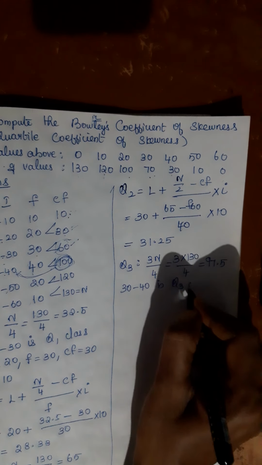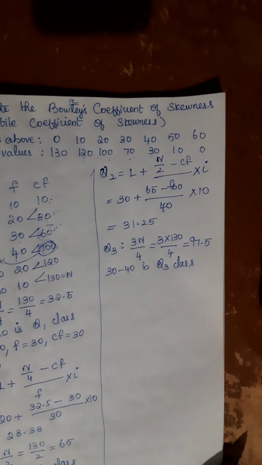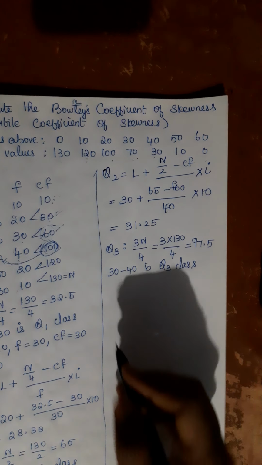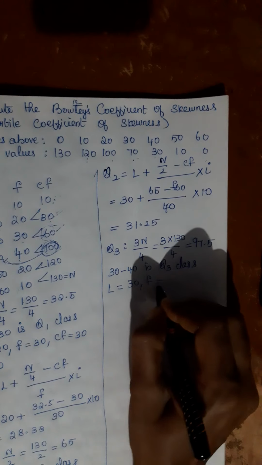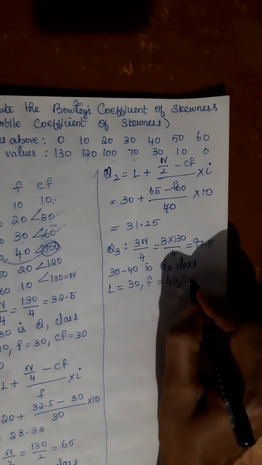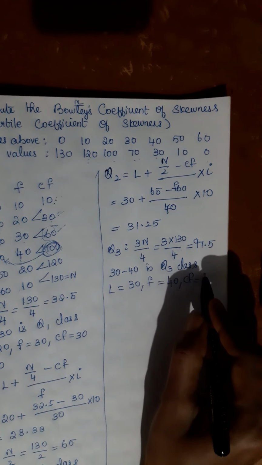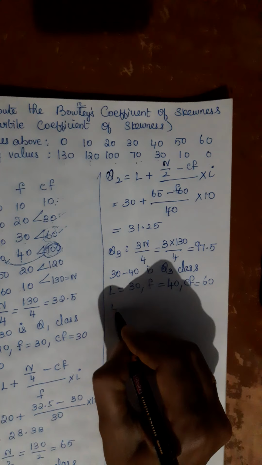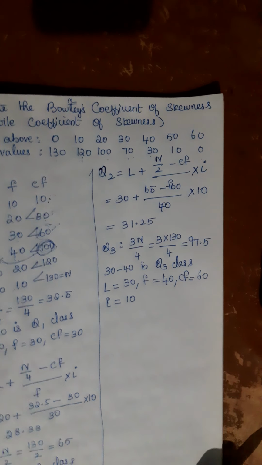See, the Q2 class and Q3 class may or may not be the same. Here they are the same. The lower limit of the Q3 class is 30. The frequency of the Q3 class is 40. The CF value of the pre-Q3 class is 60. And the magnitude of the class interval is 10 again.